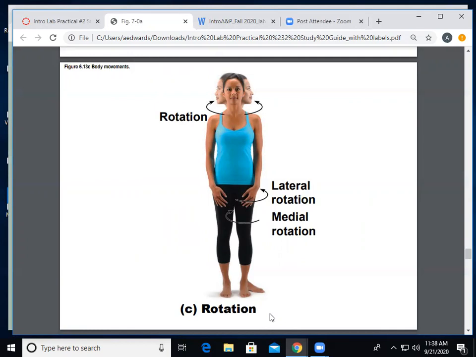Or think about your thumbs. If you move your thumbs out, you're going away from the midline. It's lateral rotation. You move your thumbs in, it's medial rotation. But we're talking about that with our whole arm. Same with your feet. Rotate your toes out, it's lateral rotation. You rotate your toes back in, it's medial rotation.